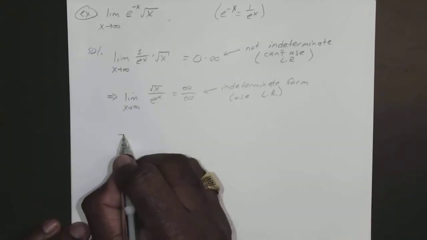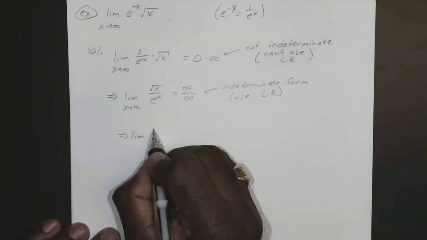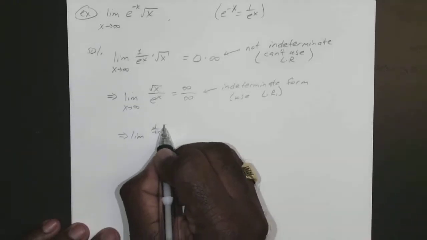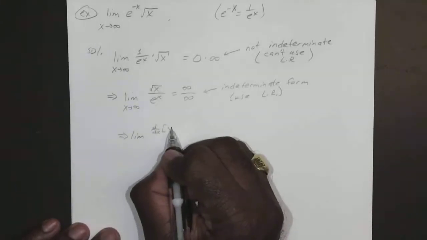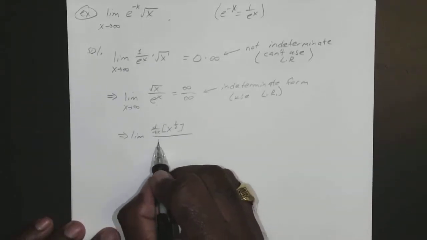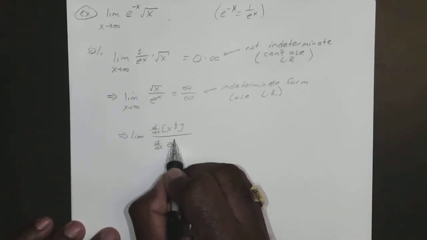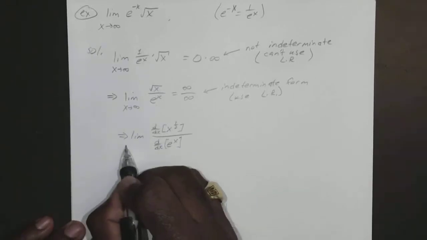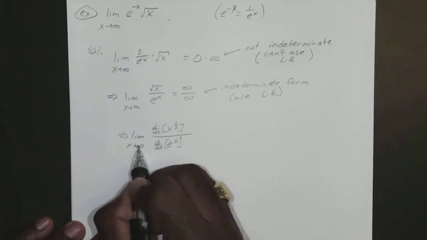Okay, so that means we have the limit of the derivative. Instead of square root of x, I'll write it as x to the 1/2 power over the derivative of e to the x as x approaches infinity.